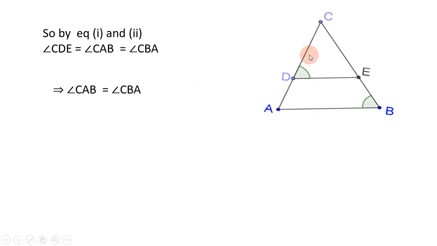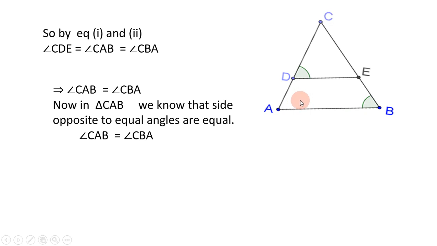Now, in this triangle CAB, we have these two angles equal. So, we know that the sides opposite to equal angles of a triangle are equal. The opposite side of angle CAB is CB and the opposite side of angle B is side CA.